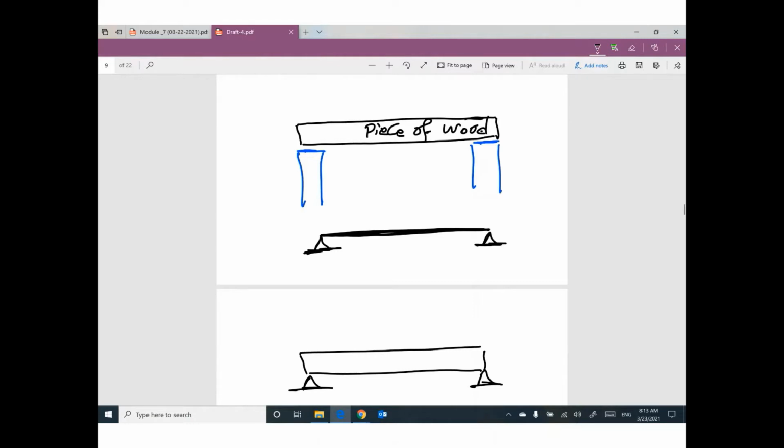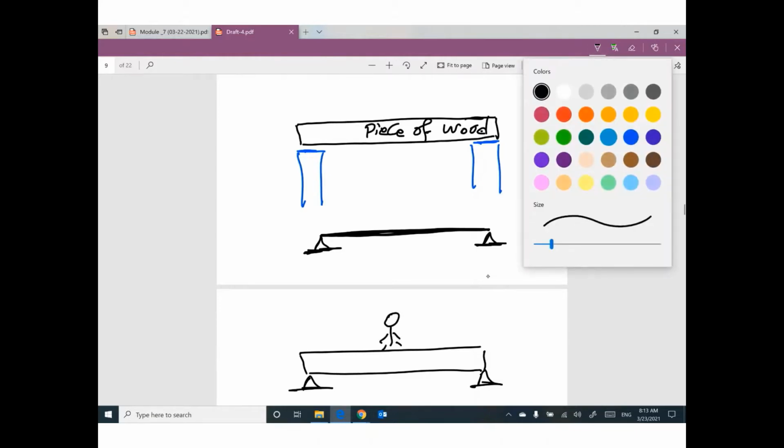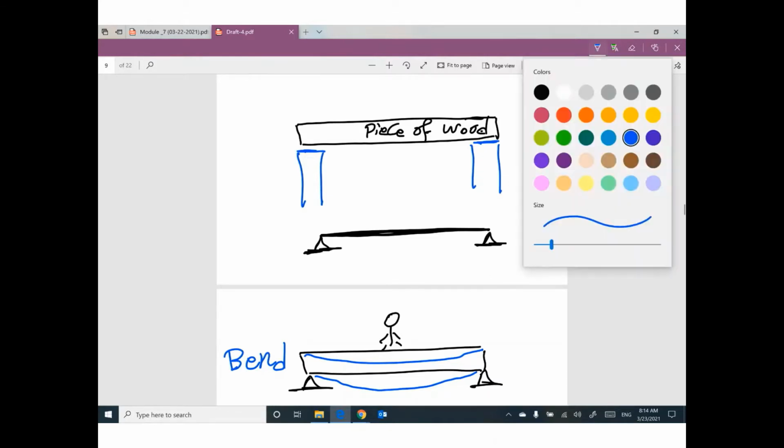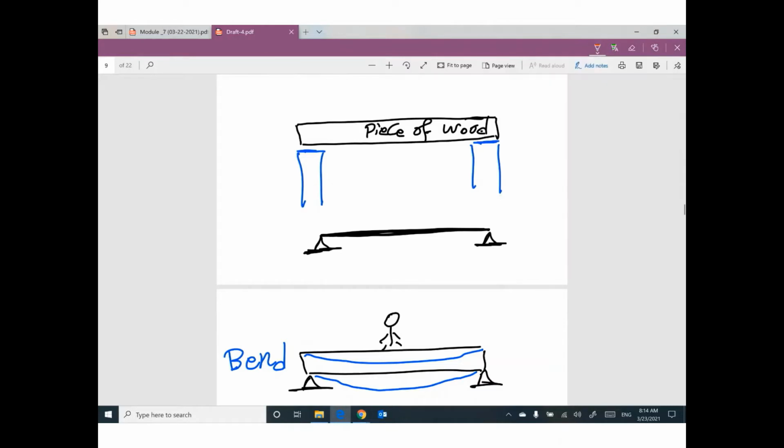But if you are walking on this piece of wood, I believe it will bend like this. Do you agree? I think you are agreeing with me.